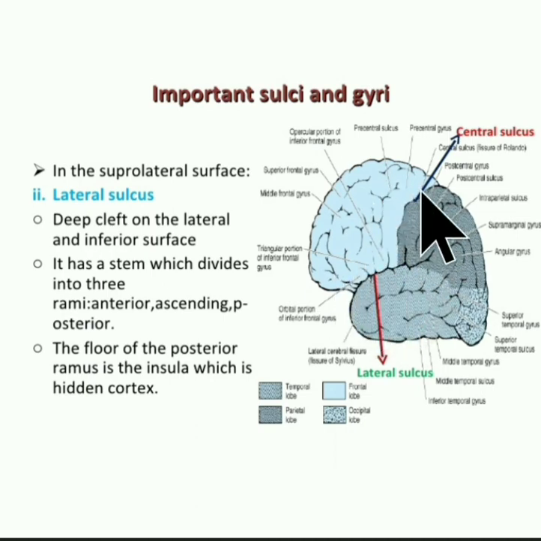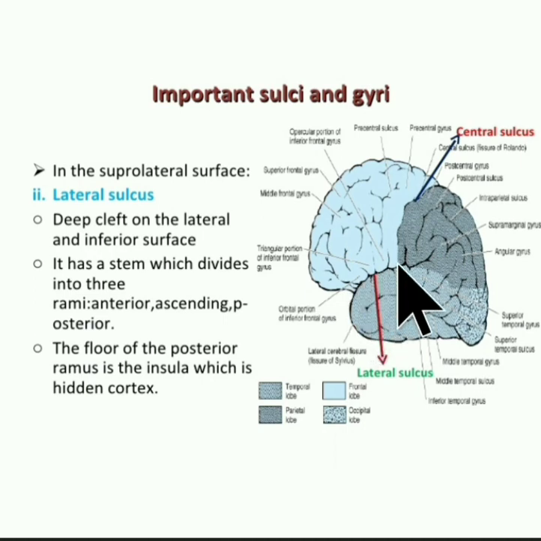The main important sulci seen on the superolateral surface: there is the central sulcus, then the posterior ramus of the lateral sulcus. The lateral sulcus is a deep cleft on the lateral and inferior surface, and its stem divides into three: the anterior, the ascending, and the posterior.